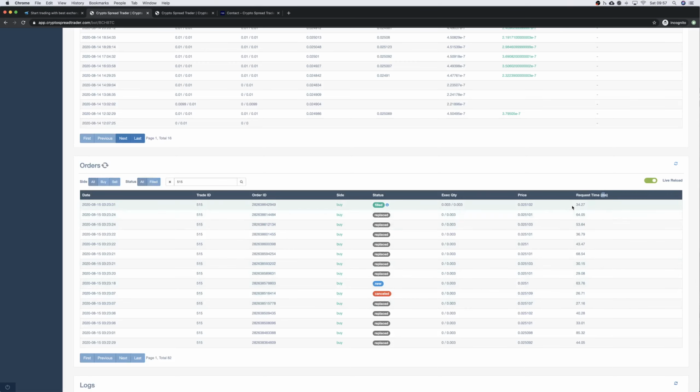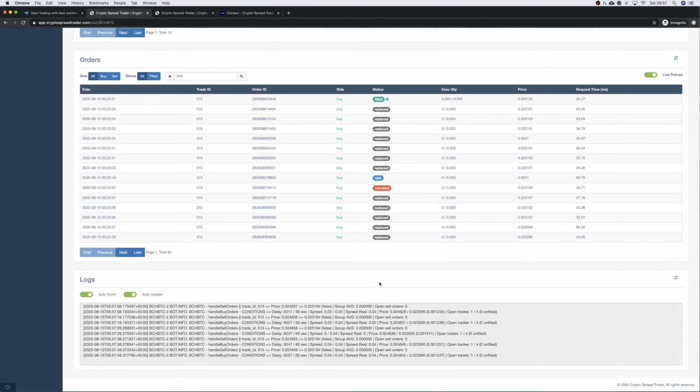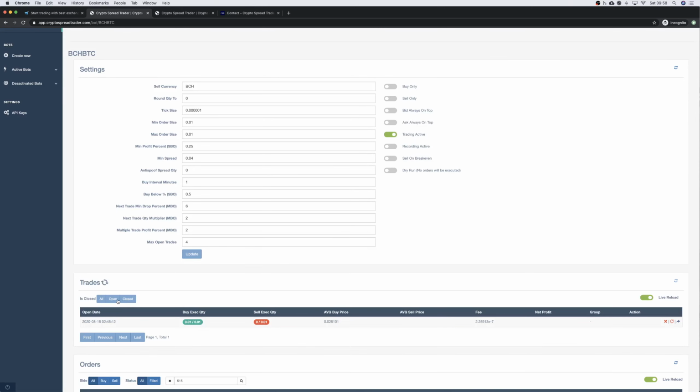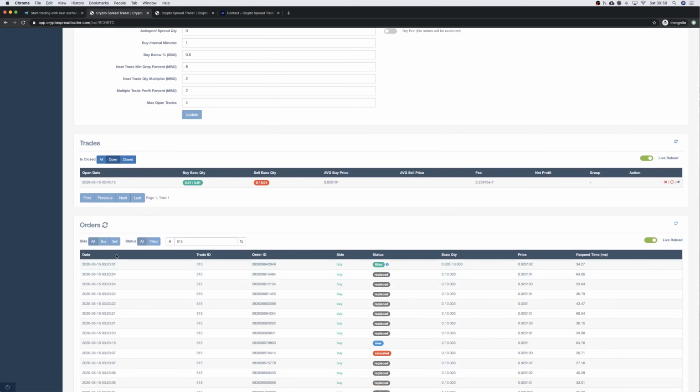We are working actively on this to give better and better request times. You can filter here, open trades, etc. Please keep in mind also that, in order to clean up the database and have higher performance, we remove all the orders once the trade is closed. So if you see orders disappearing here, it's perfectly normal.